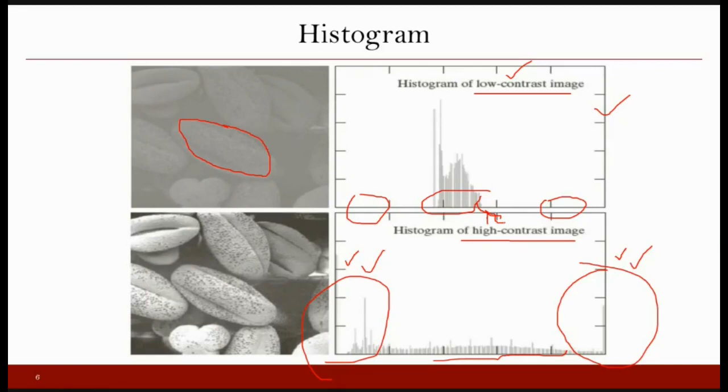So for every R, you have to find a new mapping. In the example we're considering, if R equals 0.4, then in the transformed histogram, the uniform histogram that we are going to get, this R, which is 0.4 now, may become, let's say, 0.6. Okay, so please remember this.